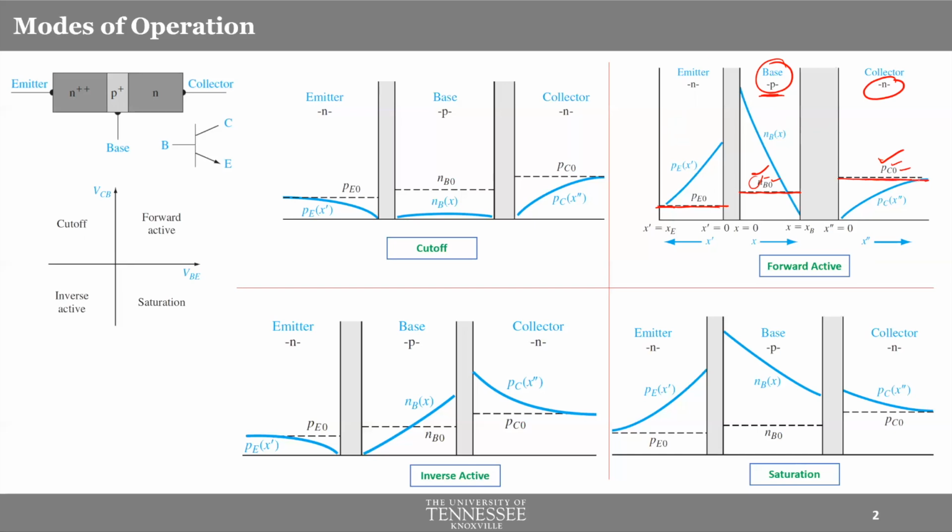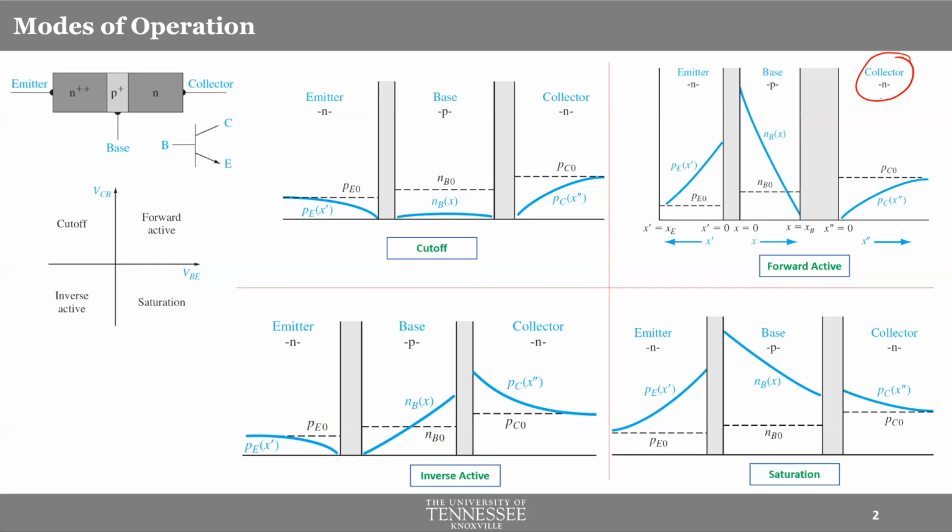Now, you might have noticed that the minority carrier levels are higher in the collector and lower in the emitter. Why is that? That actually relates to a fundamental approach to designing BJTs. If you remember correctly, collector is the least densely doped zone in a BJT.